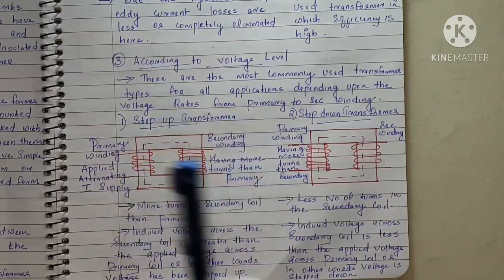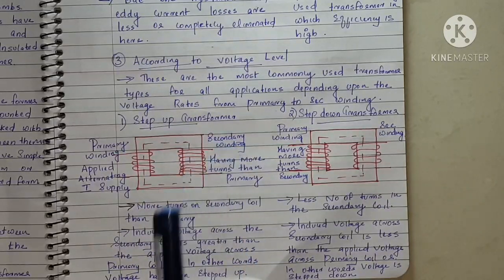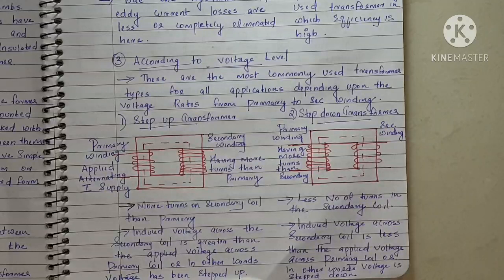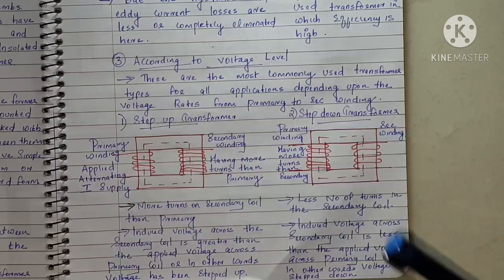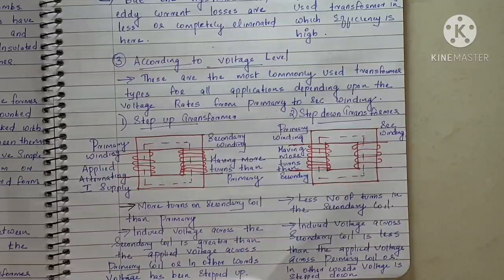In the step-up transformer, there are more turns on the secondary coil than on the primary. The induced voltage across the secondary is greater than the applied voltage across the primary coil. Or in other words, voltage is stepped up in a step-up transformer.